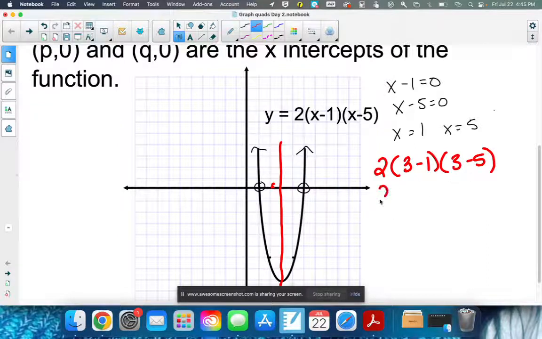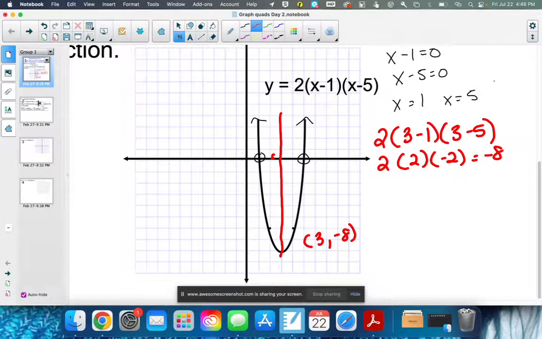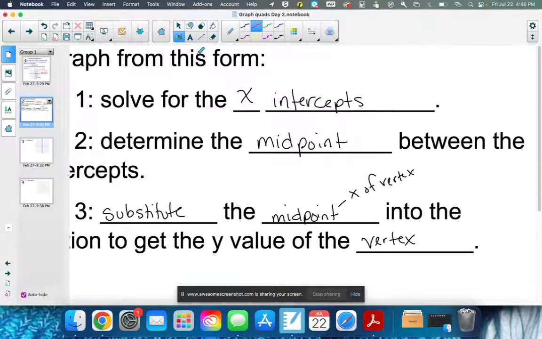That's going to be 2 times 2 times negative 2, that's negative 8. So my vertex must be 3, negative 8. And there it is. You don't need any more points to make the curve as long as you have your vertex and your x-intercepts. All right, so let's try a couple and make sure we've got it. Again, those are your steps. Make sure you've got them written down, and then we'll practice it.